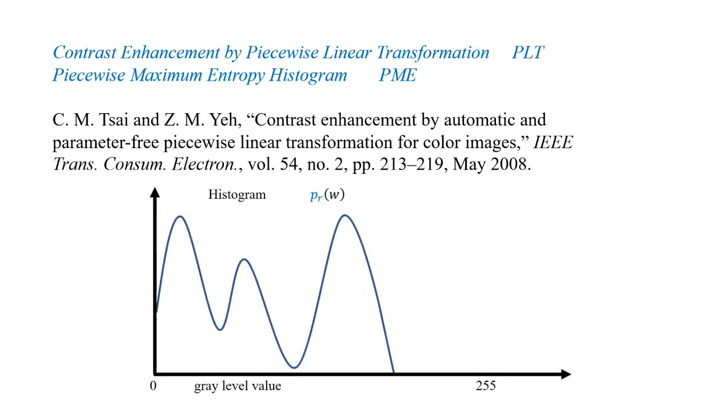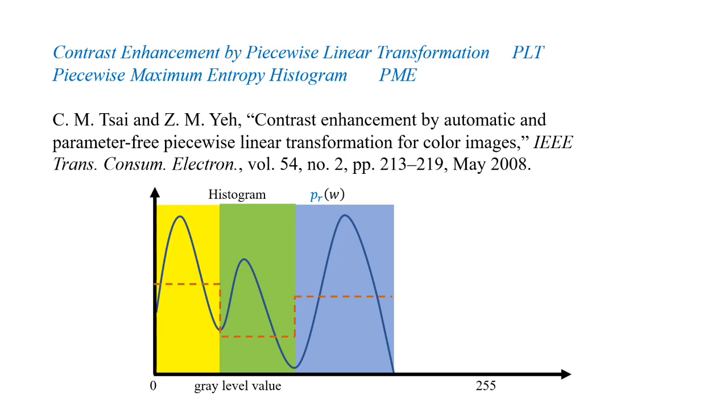The idea here is to extend the pixel values within regions of the histogram. Notice that we divided that histogram into sections, where between two valleys of the histogram we define a section. And the idea is to extend those pixels between these gray level values, for example in the yellow area, in a way similar to histogram equalization, so they will turn flat or uniform within those sections.